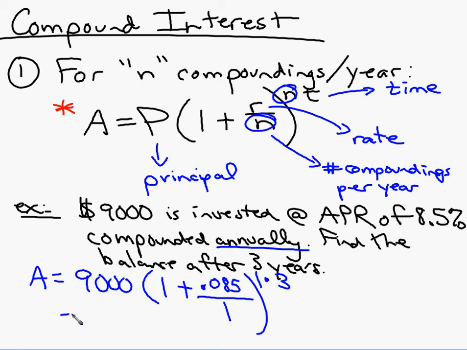So you're going to have 9,000 times 1.085 to the third power. So it's just a calculator problem. All right? So if you use your calculator, 1.085 to the third times 9,000.